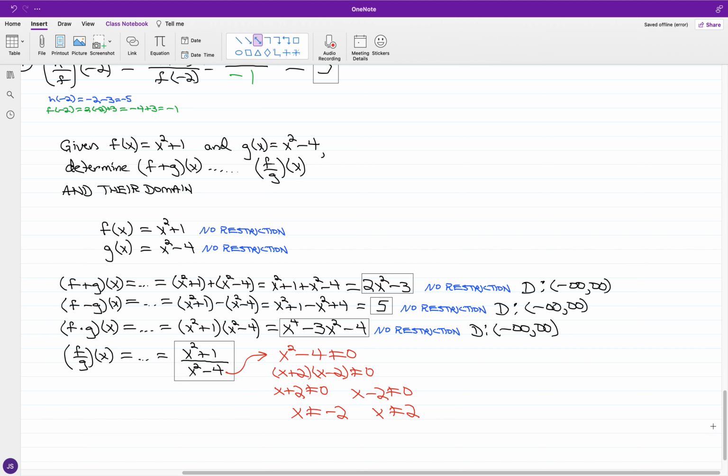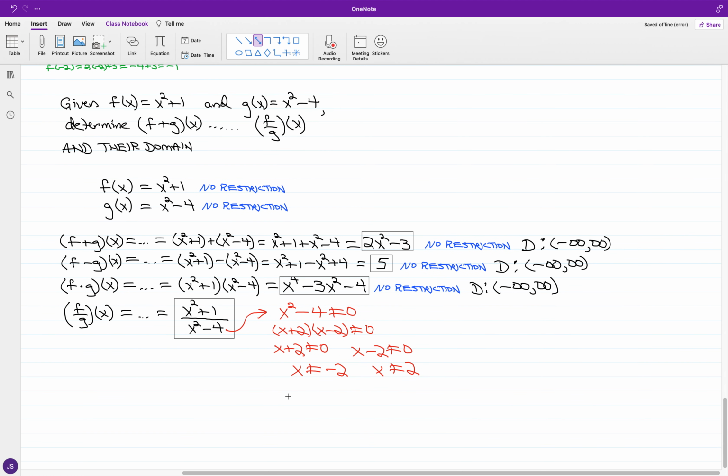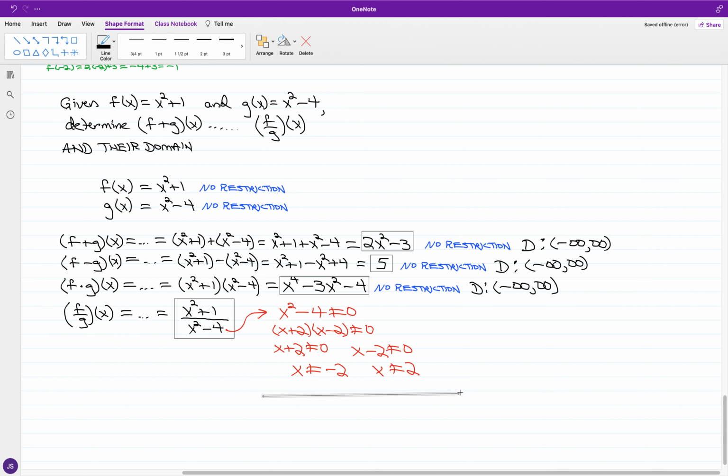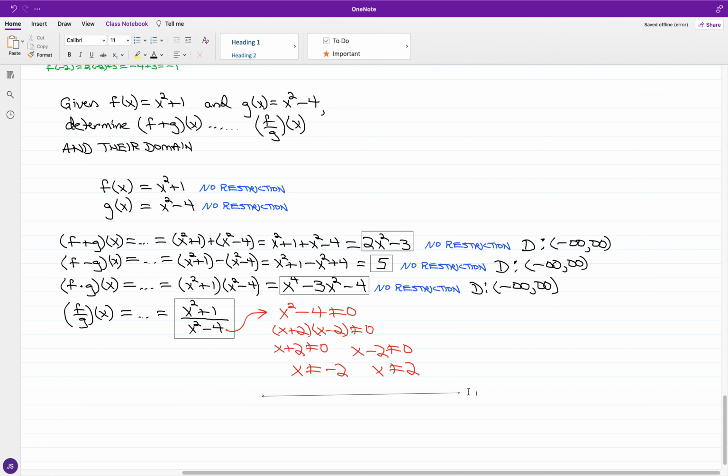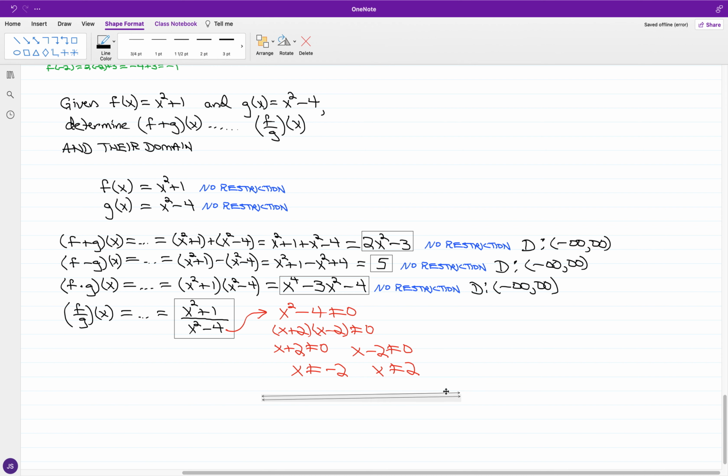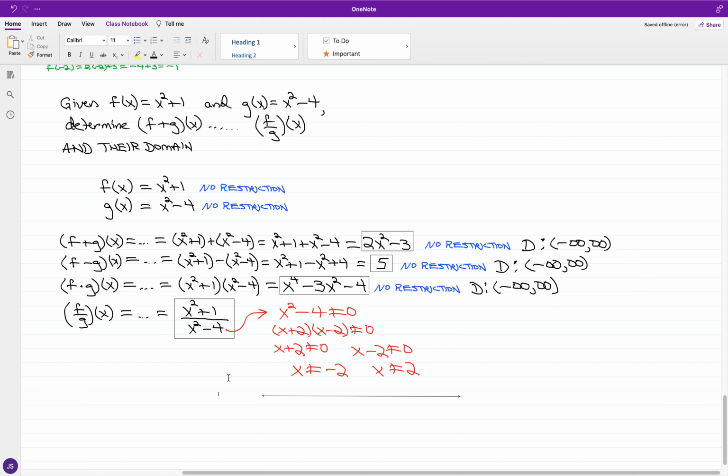Yes? I see that it can't be equal to negative 2 and 2, but it also can't be equal to 0. You don't have to include that in the domain? For the domain, I'm going to use interval notation. What I'm saying is that you're looking at what values of x are going to be excluded from the domain.